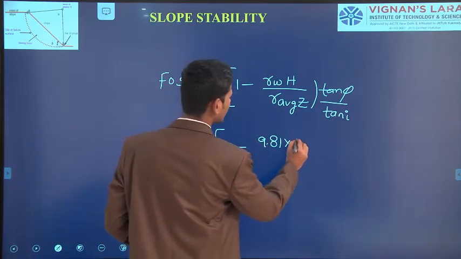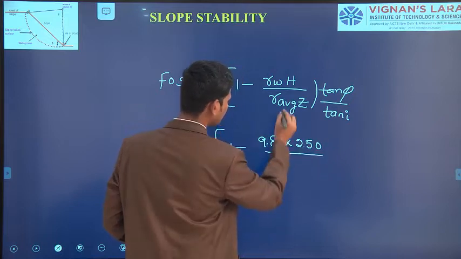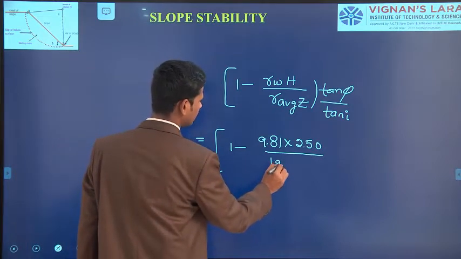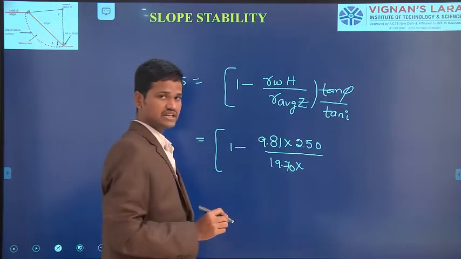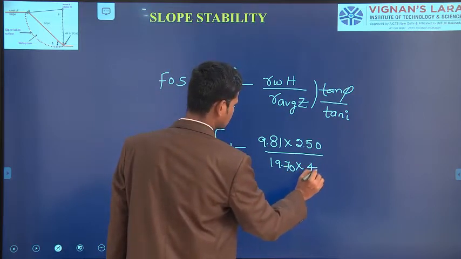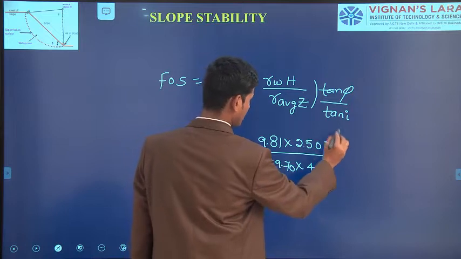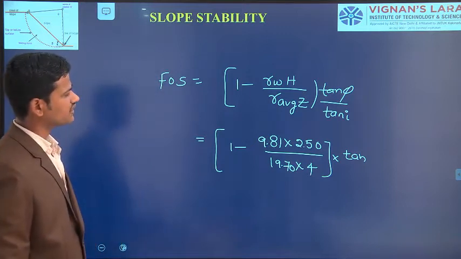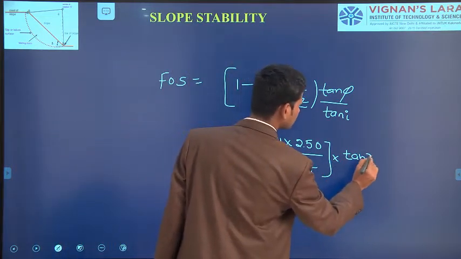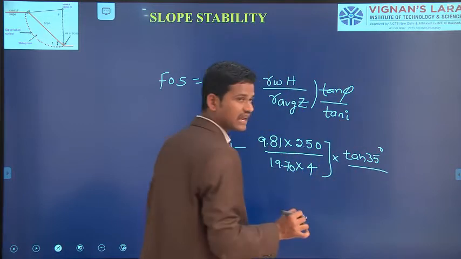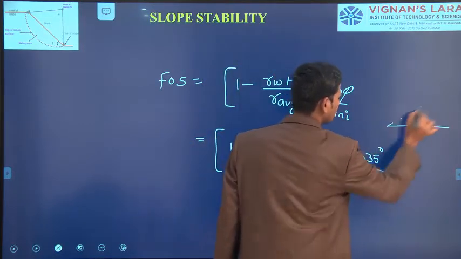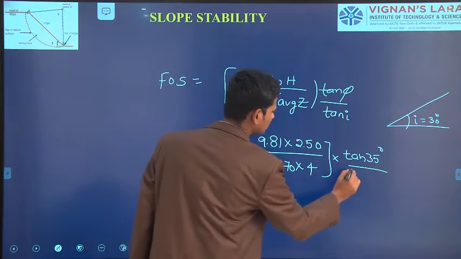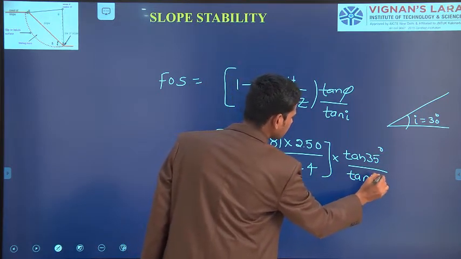That means 9.81 into 2.50 divided by gamma average, which we have calculated as 19.70, into Z, the total depth of the soil mass, 4, into tan phi, the angle of the soil mass given in the problem, tan 35 degrees, divided by tan I, the angle of inclination given in the problem as 30 degrees. That means tan 35 degrees divided by tan 30 degrees.